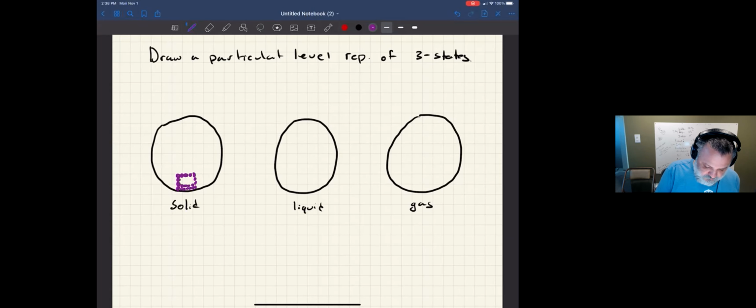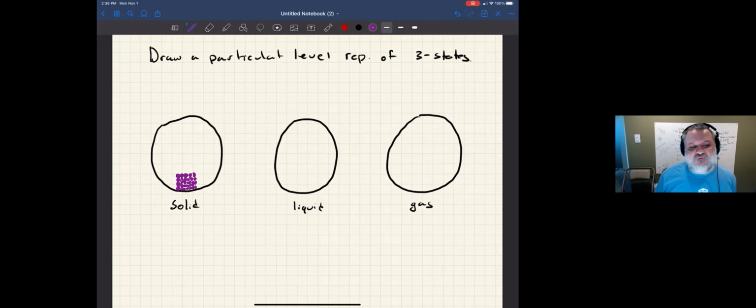So I'm going to draw it in roughly a shape of a square. I'm going to draw the little particles, and I'm not going to leave too much space in between them to illustrate that they're very close together. The particles are close together.